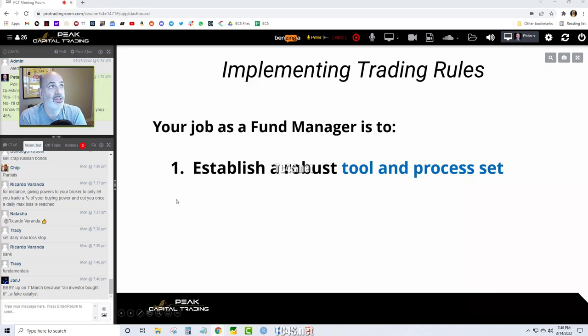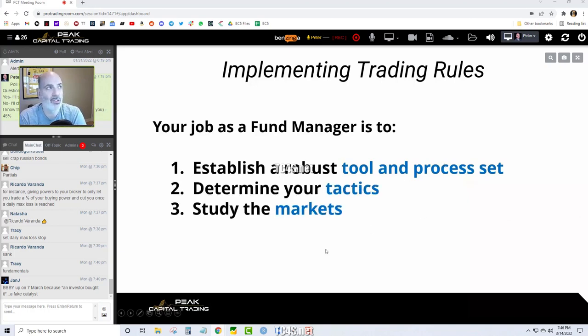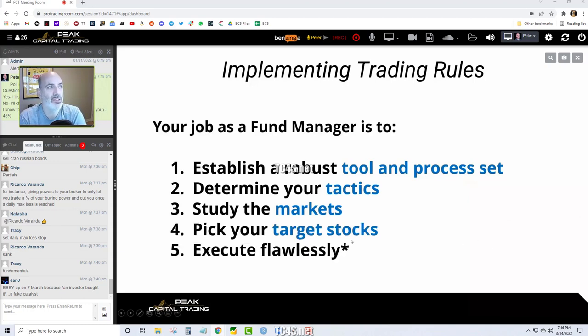But I really want to suggest to you that as a fund manager, your job is to establish a robust tool and process set, determine what your tactics are, study and analyze the markets, pick your target stocks, and then you essentially hand it over to the trading part of you to execute flawlessly.